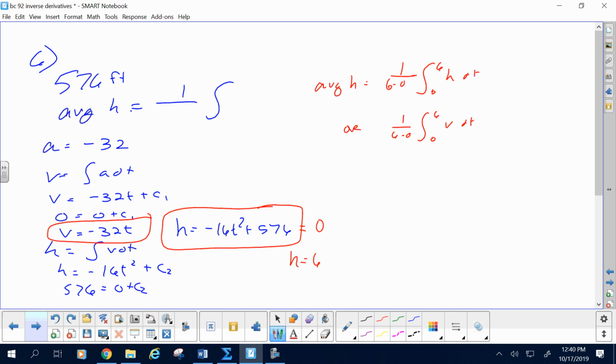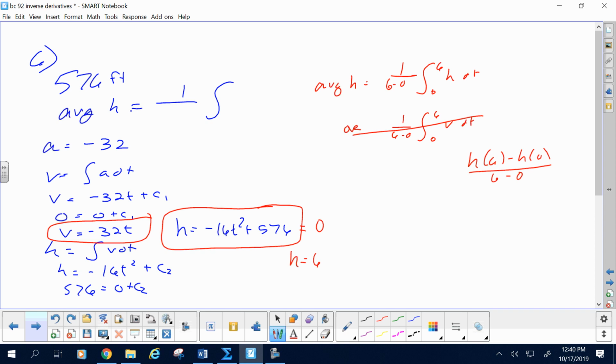The first one. If you want the average of the function you're looking at, if you want the average height, then you use the average integral of height. This is not it. People think, oh, don't you want to integrate v to get h? No. Then you would have that. What is that? Average velocity.